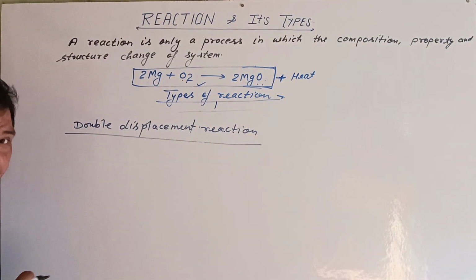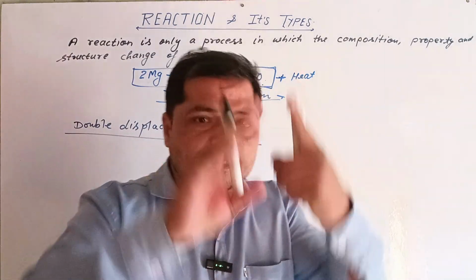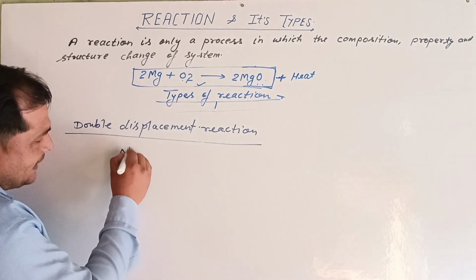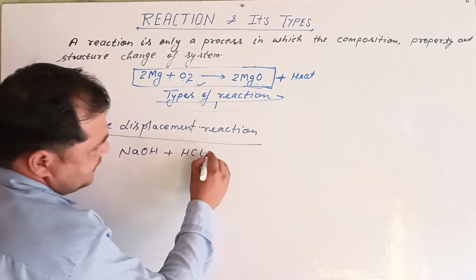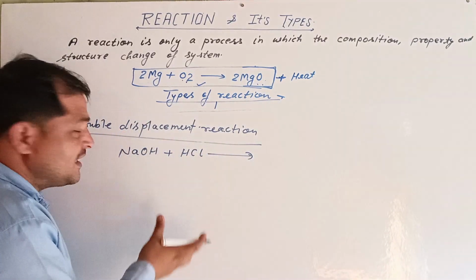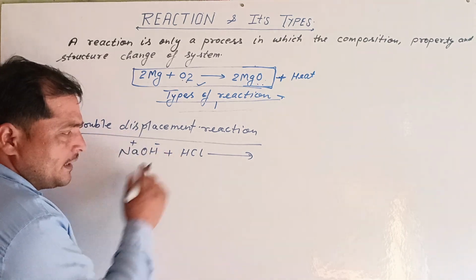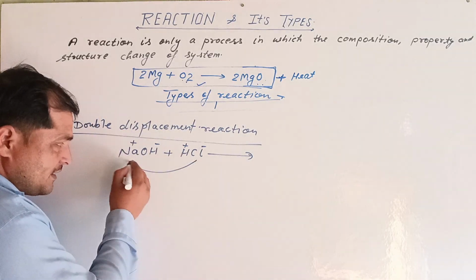In a double displacement reaction, when two reactants, two compounds, for example NaOH plus HCl, react with each other, they interchange their ions: Na is the positive ion, OH the negative ion, H the positive ion, Cl the negative ion. They interchange their ions.